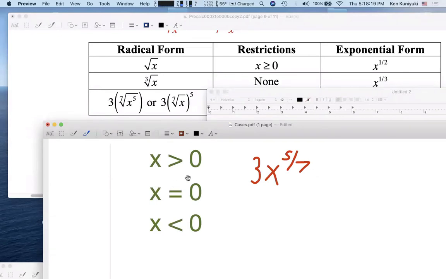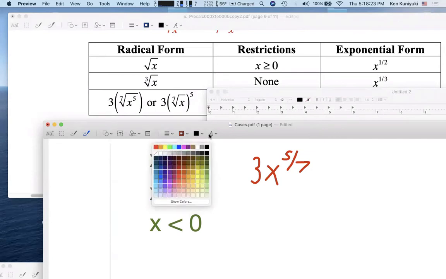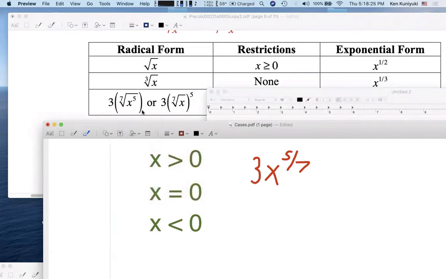Well, let's look at these 3 cases. If x is positive, any trouble there? You might want to look at the radical form. Well, the 5th power of a positive number is positive, and the 7th root of a positive number is positive, real. So we're good there. How about 0?